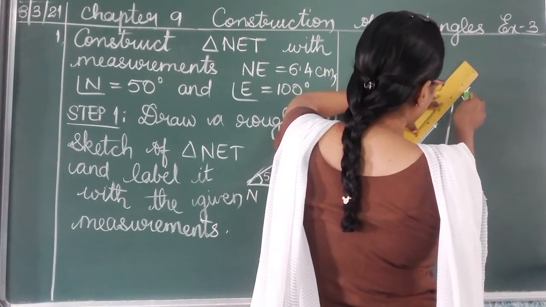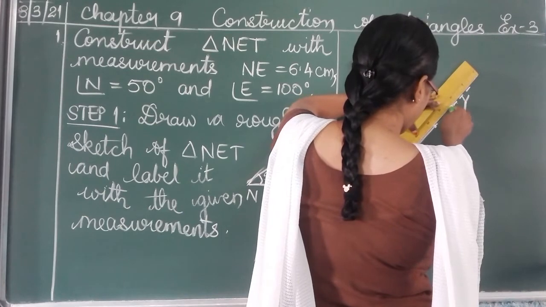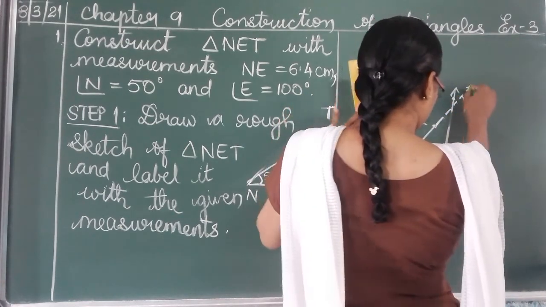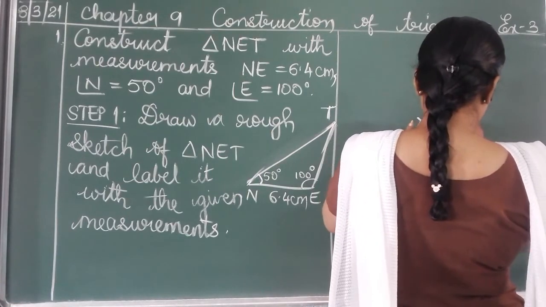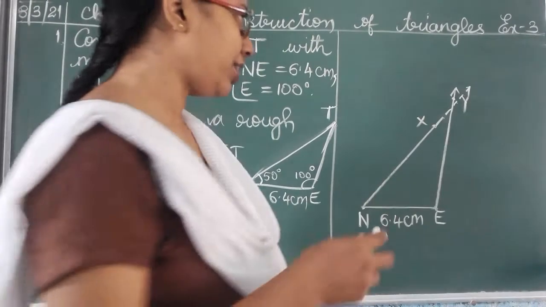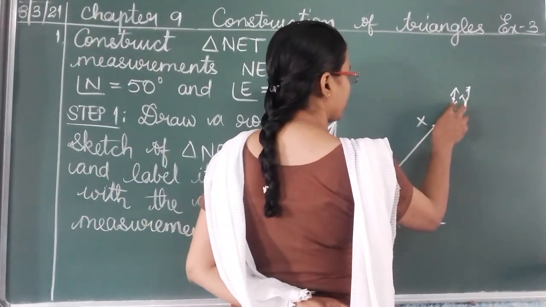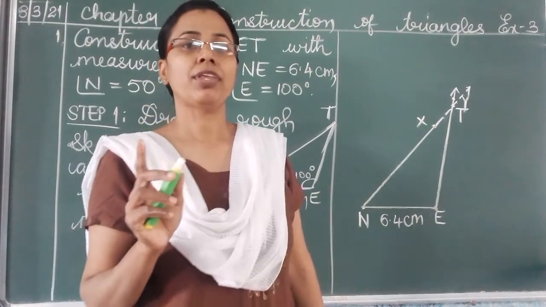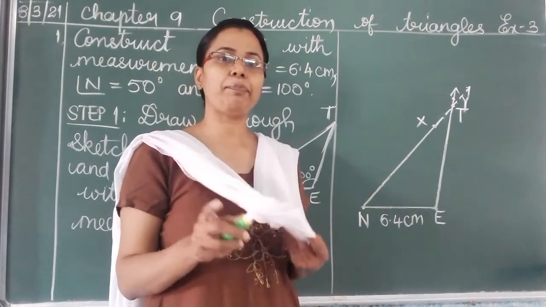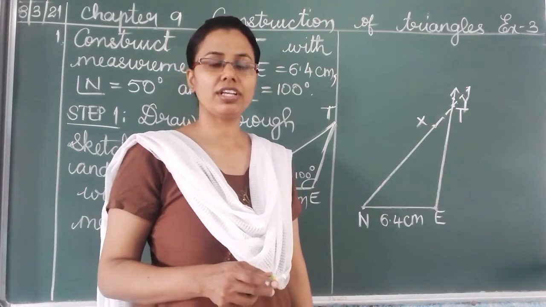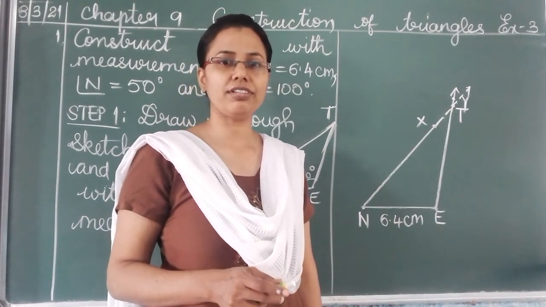Draw a dotted line showing that you are extending the line, or even if you draw a normal line also, it's okay. Bold line also is fine. Okay. Now here the meeting point, this point is T. Now we have finished constructing triangle NET. Understood this, children? Complete the construction.